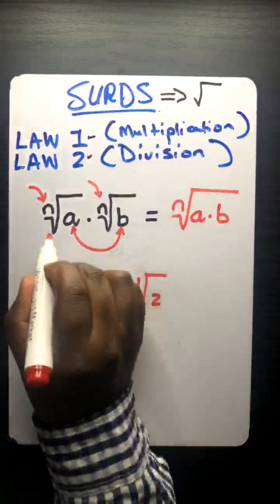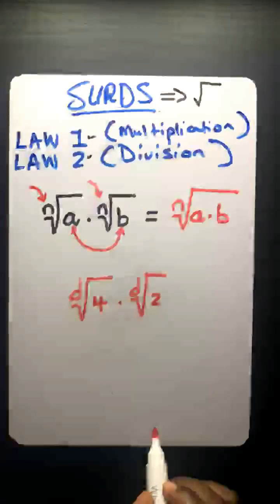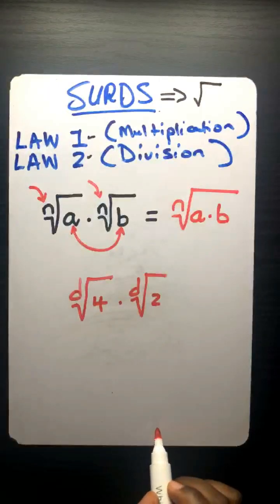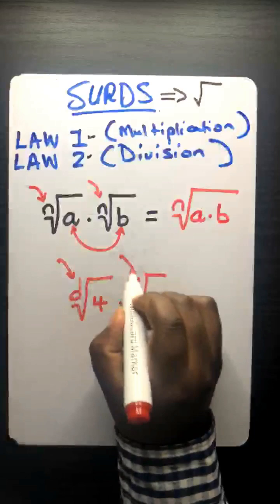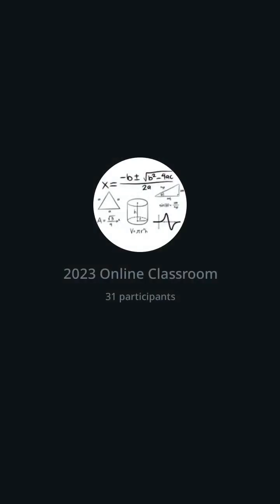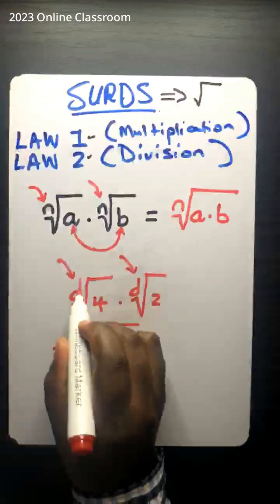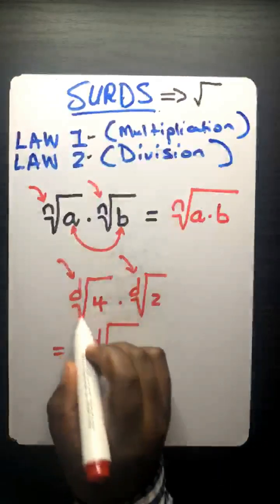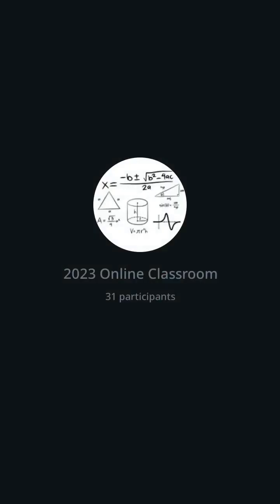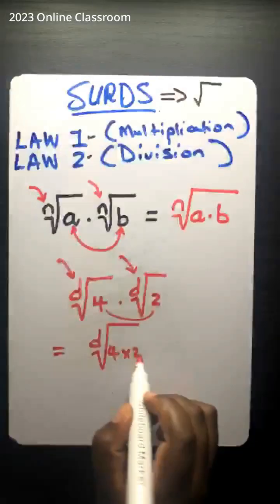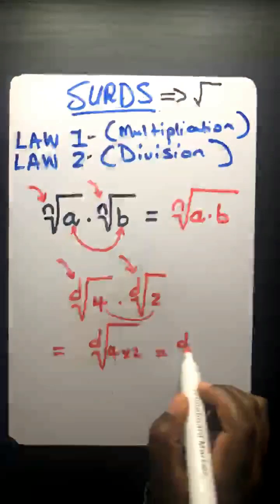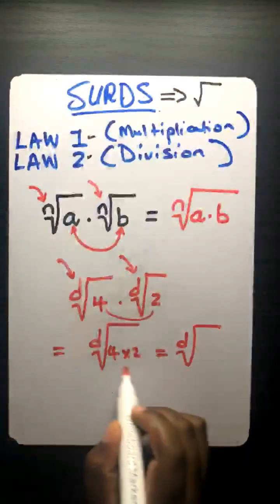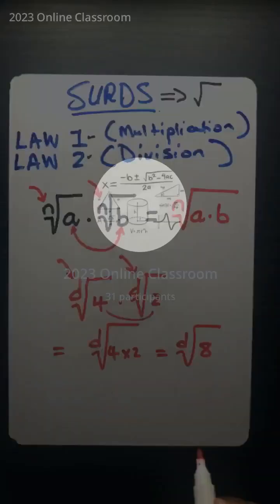According to this law, you ask yourself: are the tails the same? If the answer is yes, can you see it's D? So you can just write 1D representing both tails having the square roots. Then you multiply whatever is inside, 4 multiplied by 2. So it's D square root of what is 4 times 2? It is equal to 8.